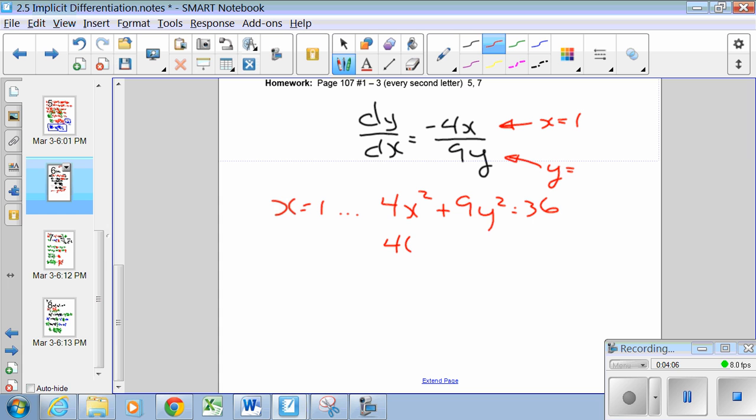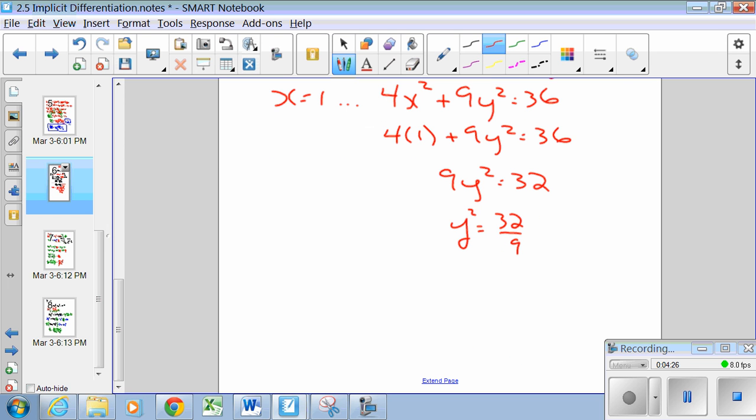So I'm going to go 4 times 1 plus 9y squared equals 36. Subtract 4 from both sides. 9y squared equals 32. Divide both sides by 9. I get y squared equals 32 over 9. And then we're going to square root both sides.